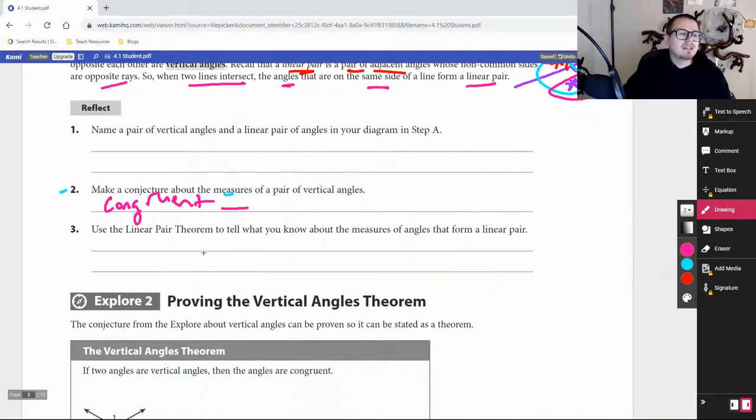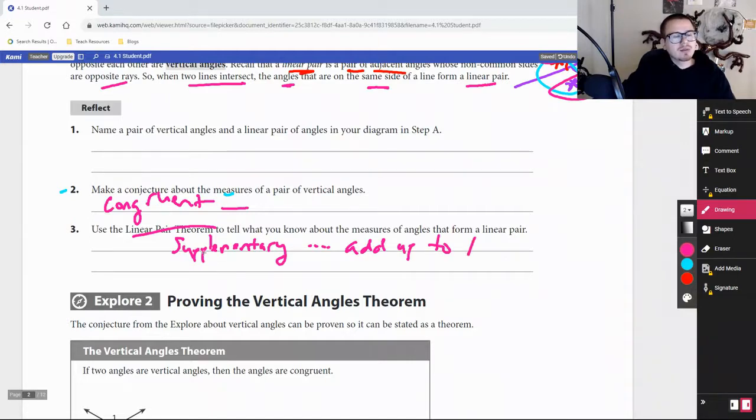Use the linear pair theorem to tell you what you know about the measures of angles that form a linear pair. Angles in a linear pair are supplementary, and that's a vocab word. Supplementary, they supplement each other, which means they add up to, any guesses?